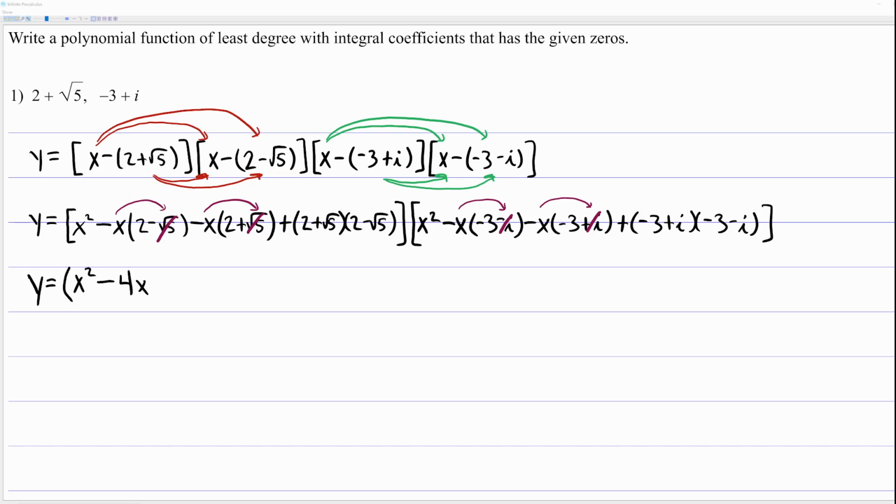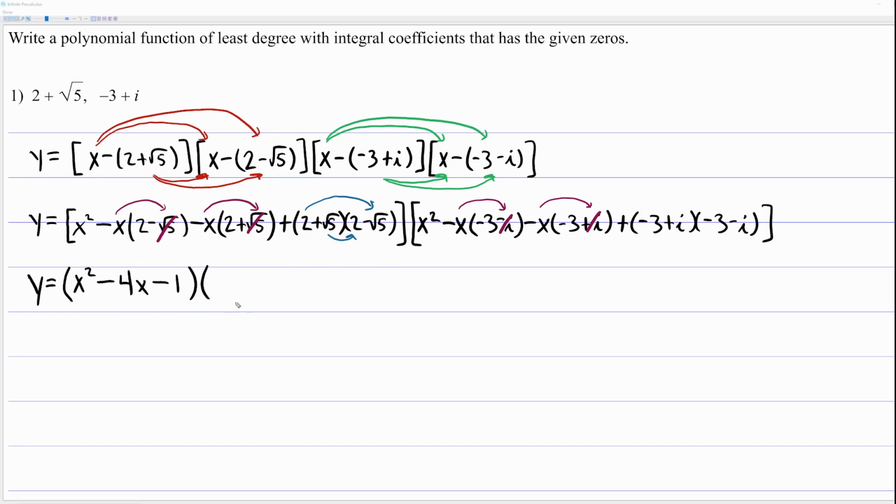That's a nice whole number. Now remember what happens with conjugates. We have minus 2 root 5 and plus 2 root 5. Those cancel. That's the whole idea with conjugates. So 2 times 2 is 4. Positive root 5 times negative root 5. That's minus 5. So we have 4 minus 5. 4 minus 5 is negative 1. That's not so bad. Now move to the next big factor.